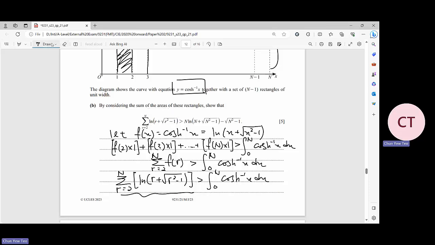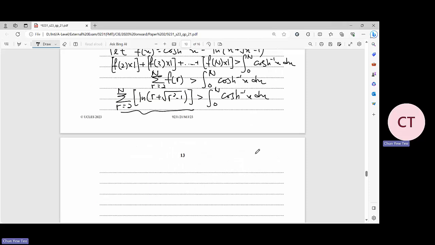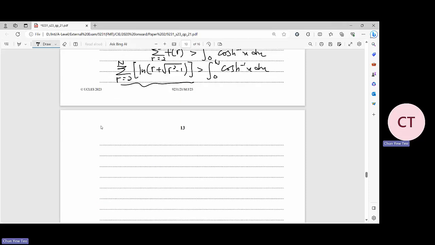Now we want to show the right-hand side. The right-hand side will be a bit troublesome. Let me copy it down here. You need to think about how to integrate it. This is an inverse hyperbolic, so we need to do integration by parts.